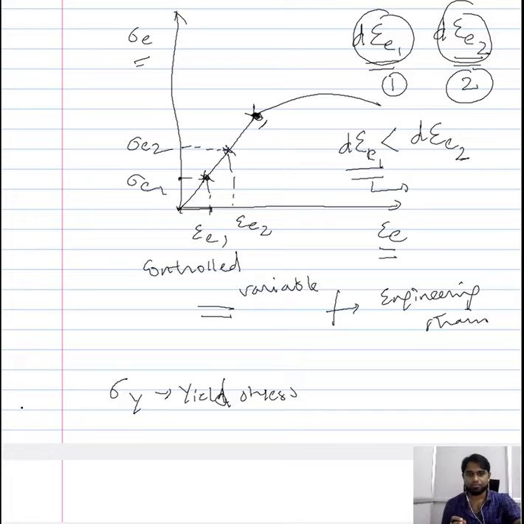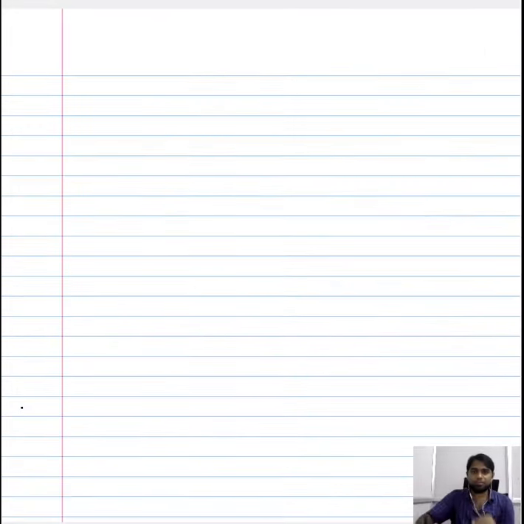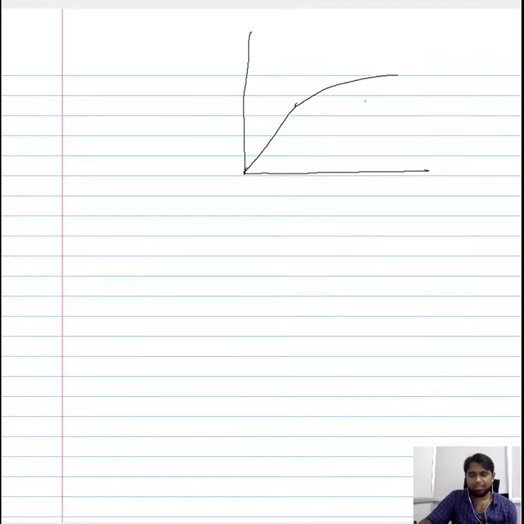In the stress strain curve, the yield stress is calculated by considering a definite value of strain. So this is your engineering stress strain curve, and this point is the proportionality limit or the elastic limit.